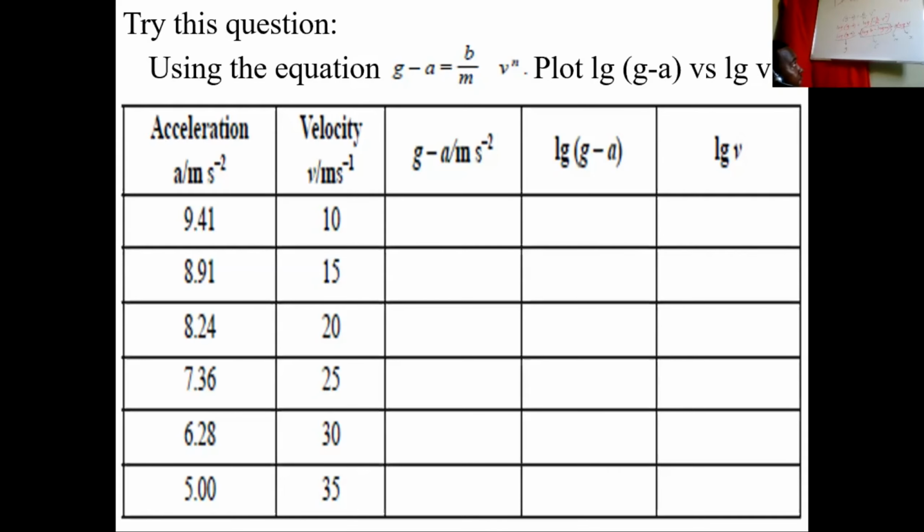That's how you would use any equation to break it down to get a straight line graph mimicking y equals mx plus c. And please note that not all the time your m will be just one thing beside it. Your m can be more than just one symbol. Let's see. All right, let's use the pendulum equation.